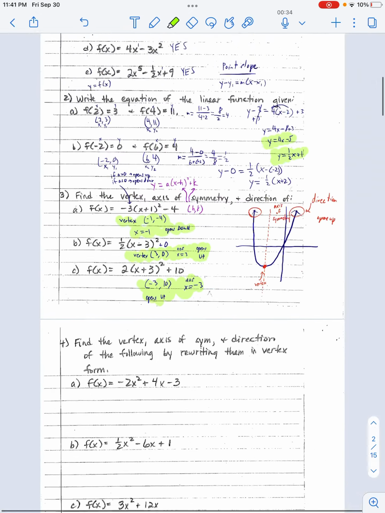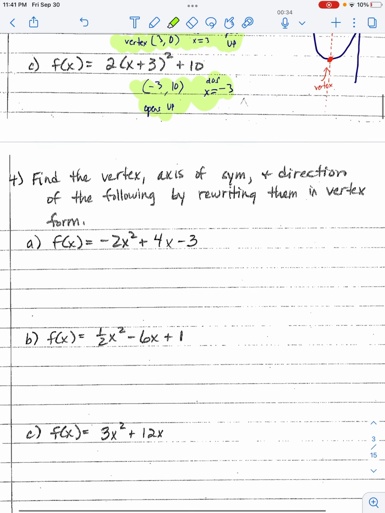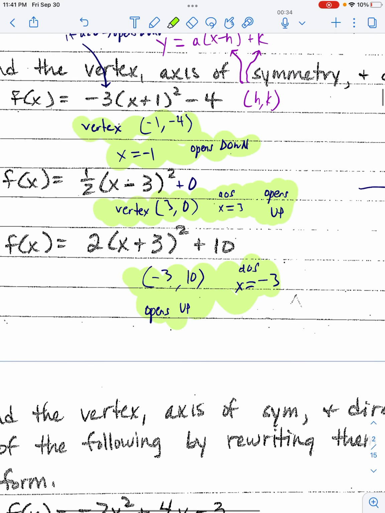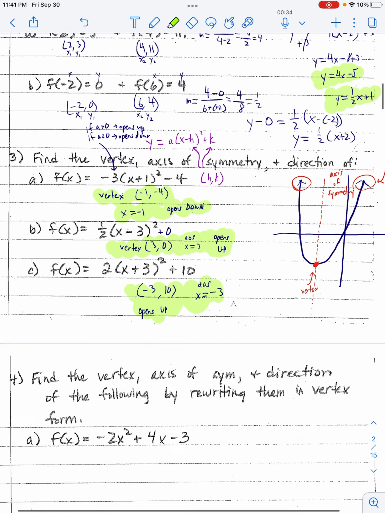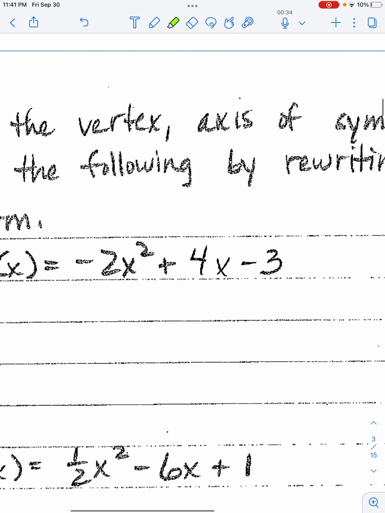Okay, good stuff. Number 4, find the vertex, axis of symmetry, and direction of the following by rewriting them in vertex form. Okay, so now they want me to basically do the same thing I did in the last problem, but now they give me my quadratic equation in standard form, which is y equals ax squared plus bx plus c.